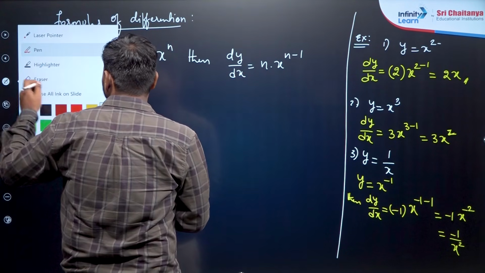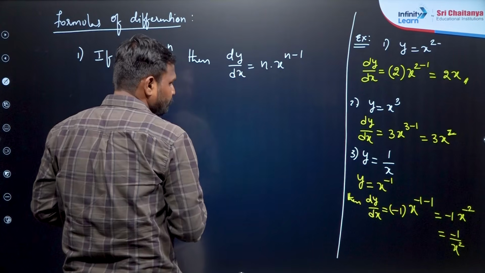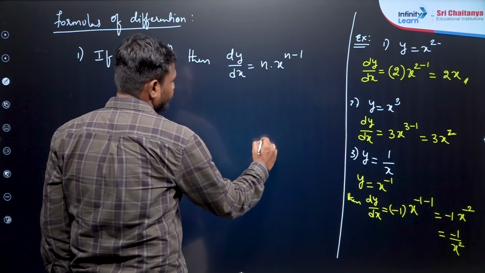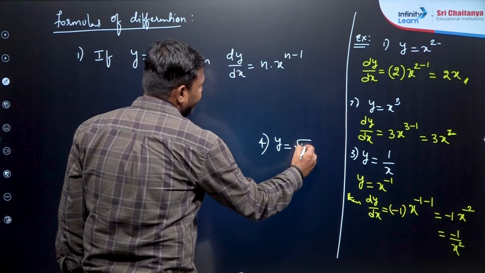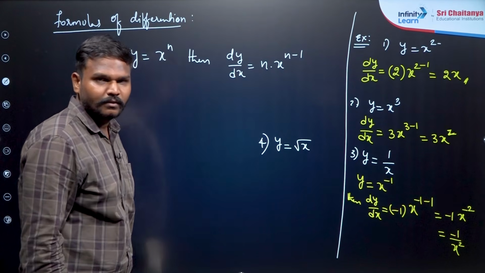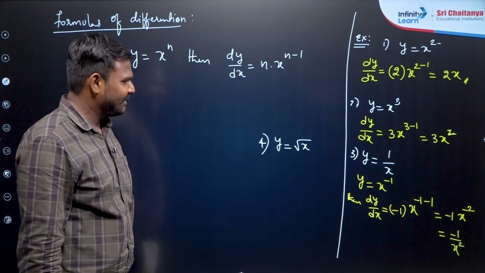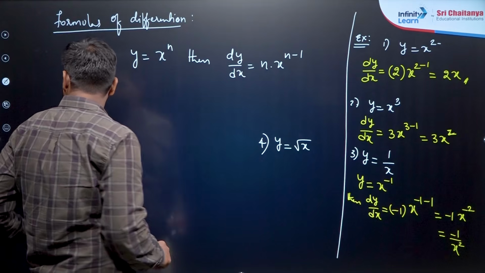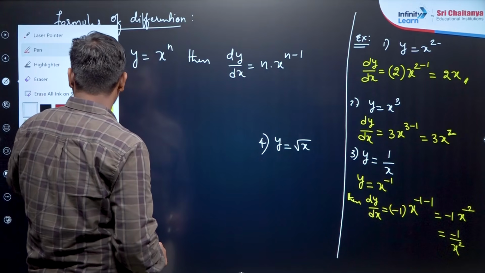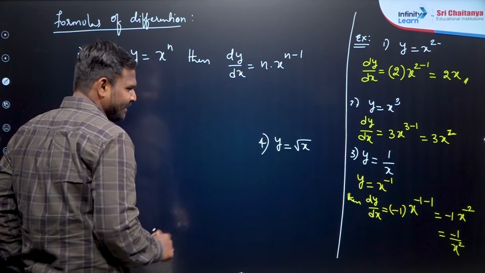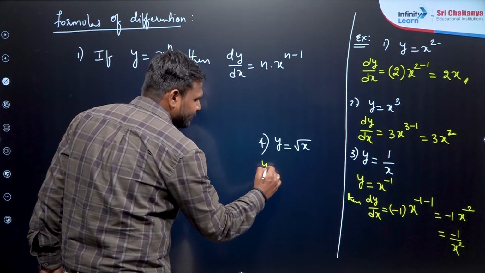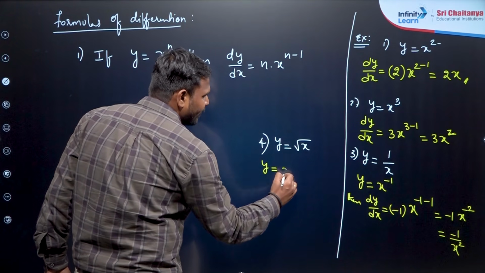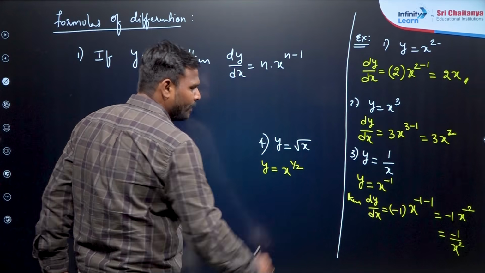Similarly, I can also give you one more example. Y is equal to root x. You want to try? Pause the video and you can try. Let me continue. So y is equal to x power 1 by 2, since root can be written as power 1 by 2.